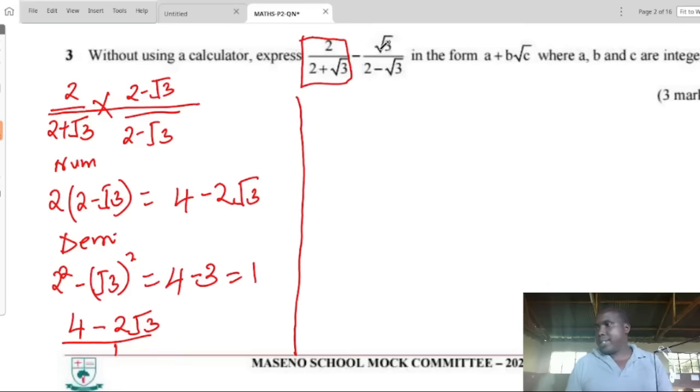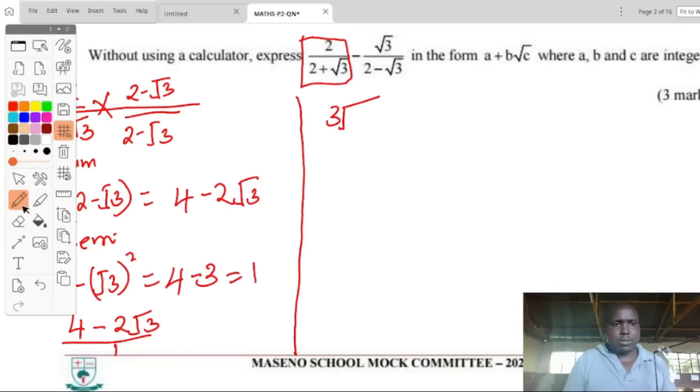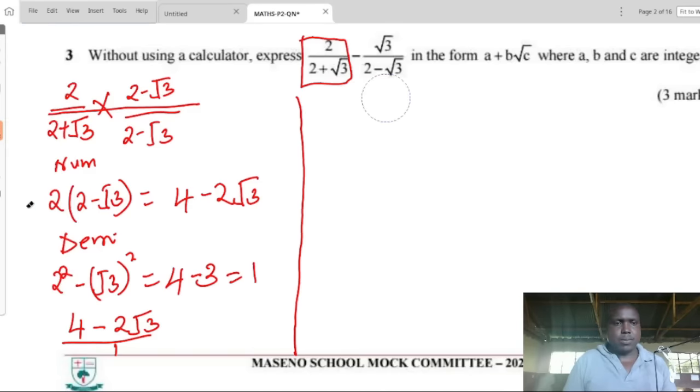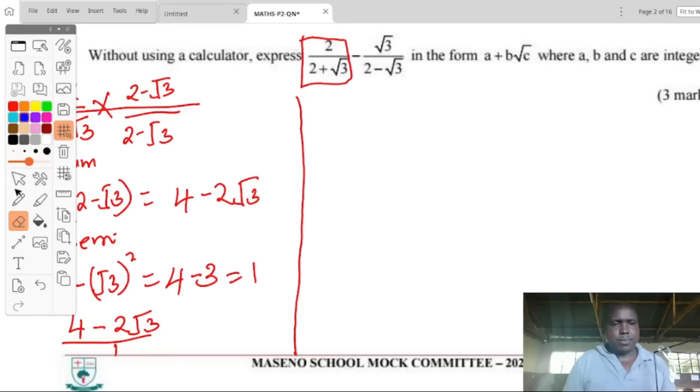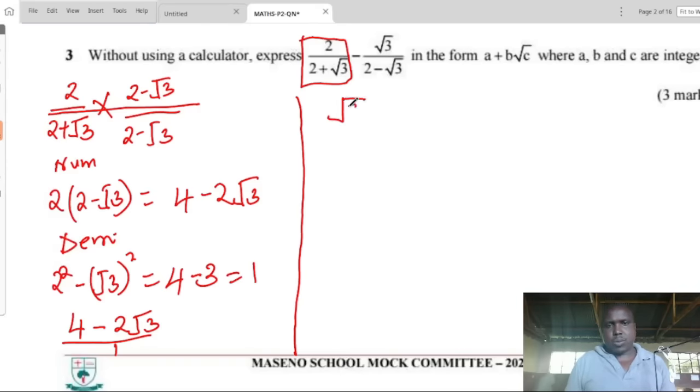Let us deal with the second part and see what it will have. The second part now will be 3 root 3 over 2 minus root 3. We multiply the conjugate for this numerator and denominator.